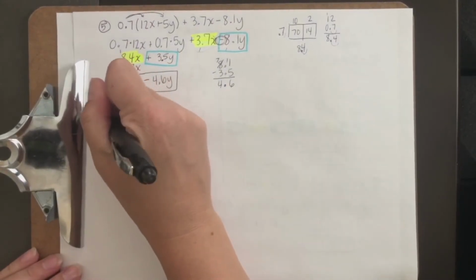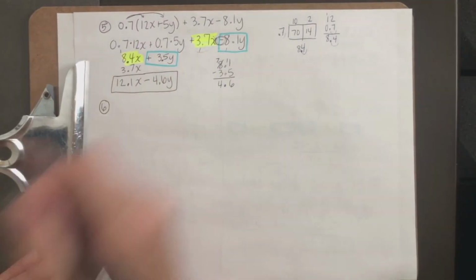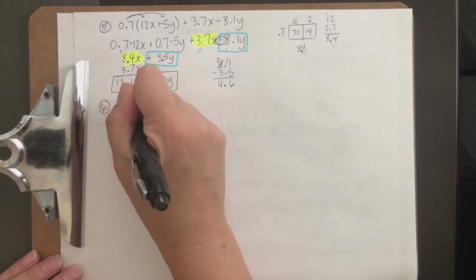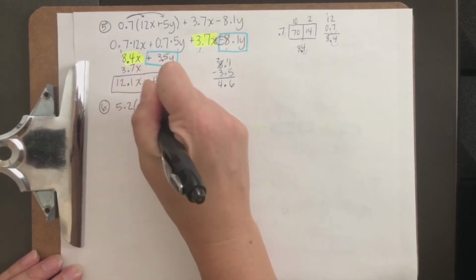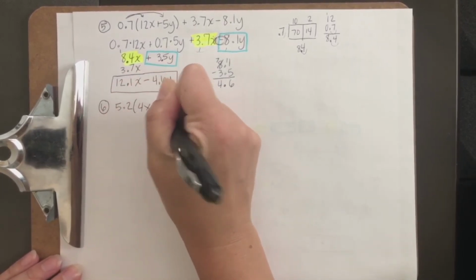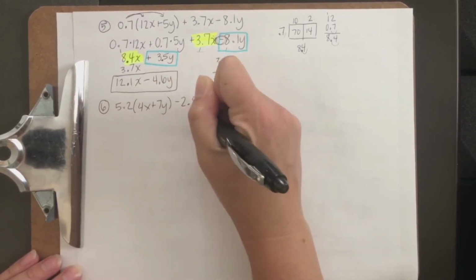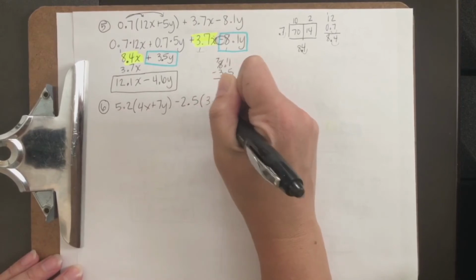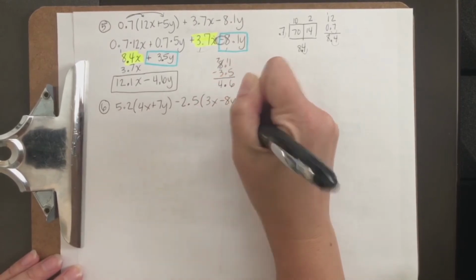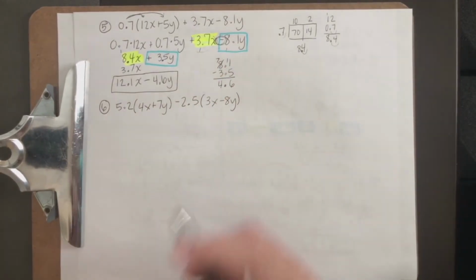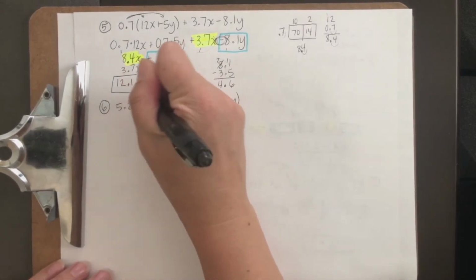Number 6. 5.2 parentheses 4x plus 7y close parentheses minus 2.5 parentheses 3x minus 8y close parentheses. We need to distribute.